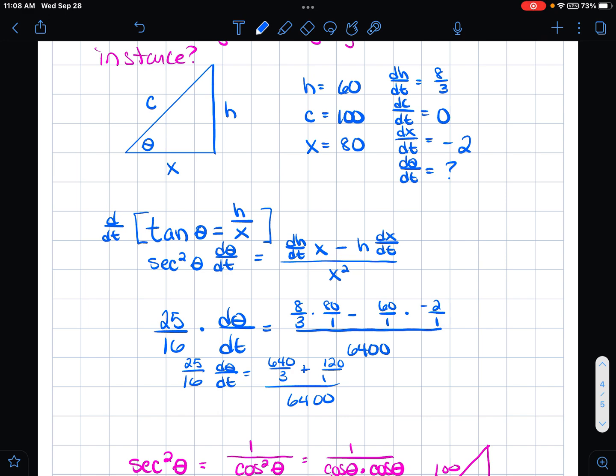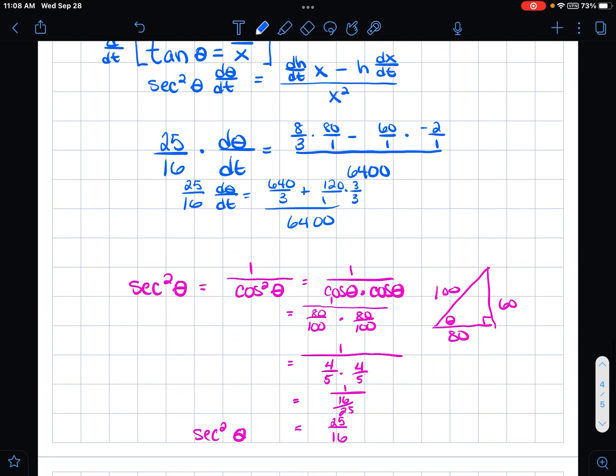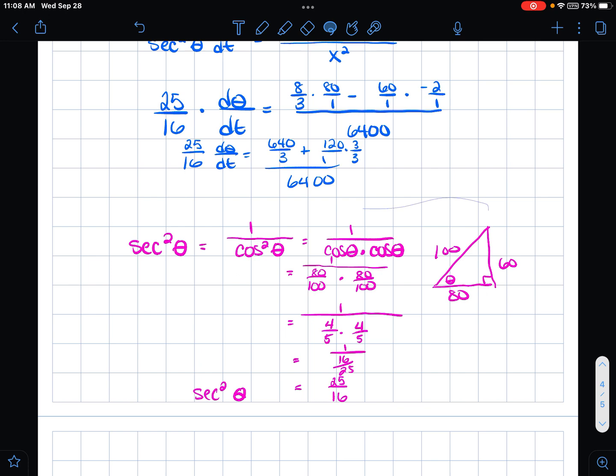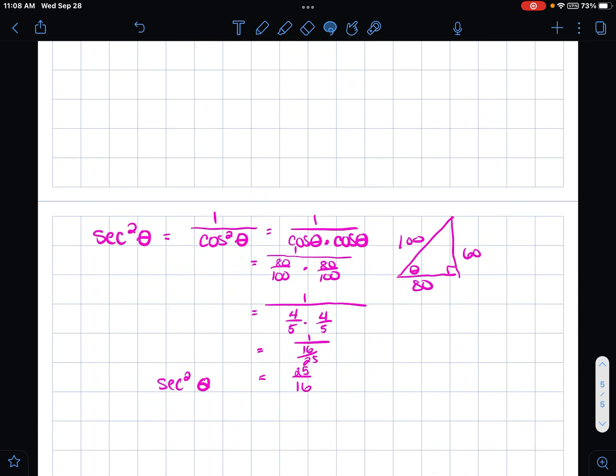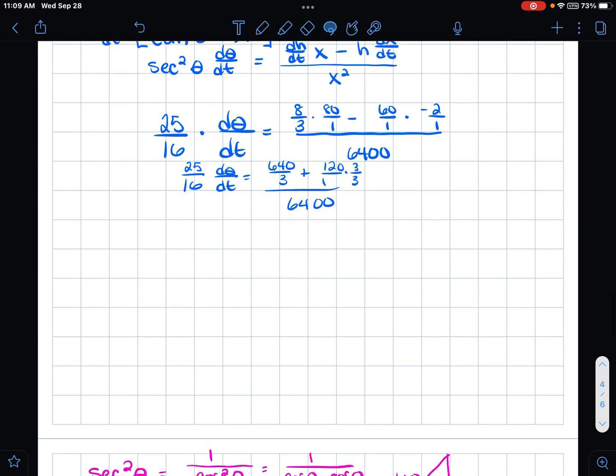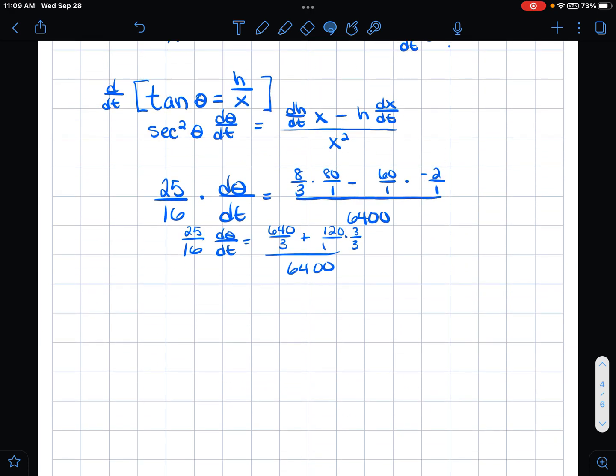So if I multiply this fraction times 3 over 3, that gives me 360 over 3. And 360 plus 640 is 1,000, luckily. So this is 360 over 3 plus 640, which is 1,000.